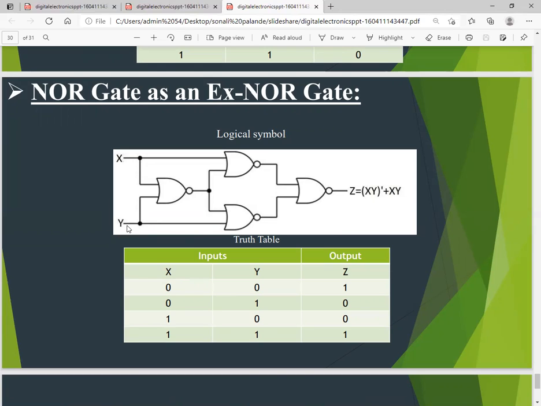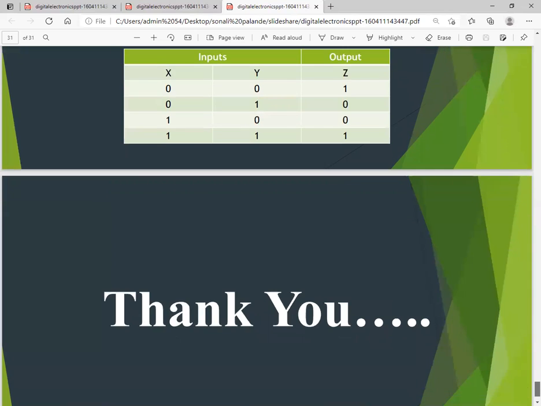If x equals 0 and y equals 1, then z equals 0. If x equals 1 and y equals 0, then z equals 0. And if x and y both equal 1, then we get z equals 1. That is, this is the truth table of the XNOR gate. That's why this structure is called the NOR gate as an XNOR gate.